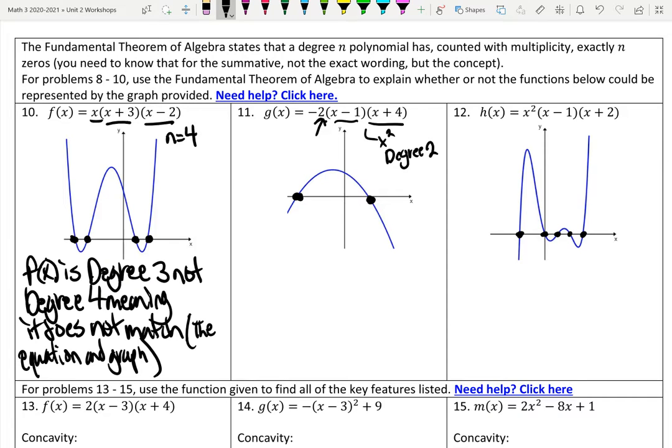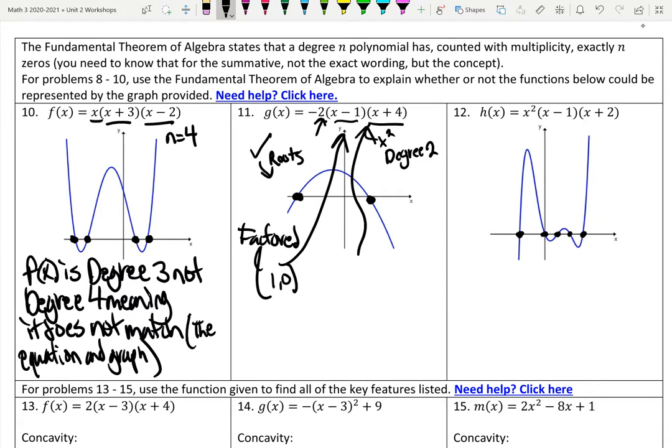Now, I am going to go ahead and look at this further. On the surface, this looks like a yes, but I want to also look at the roots. It's in factored form, so this lets me know that the roots are, what number makes x minus 1 zero? It's going to be 1, 0. My other root is going to be negative 4, comma 0.